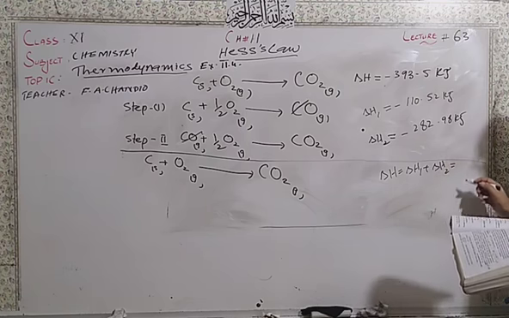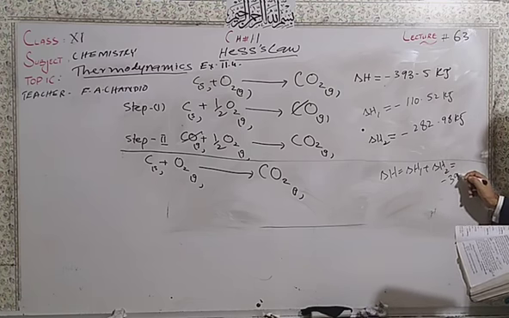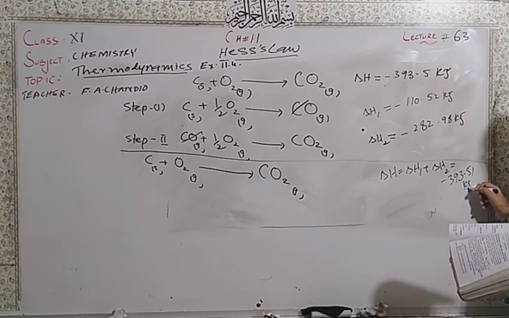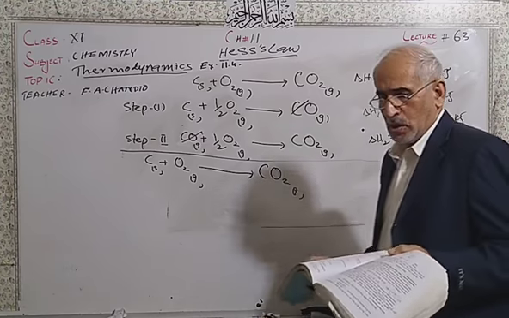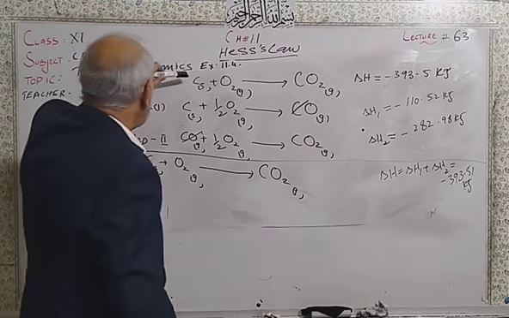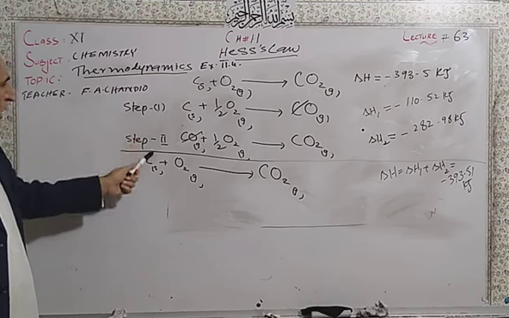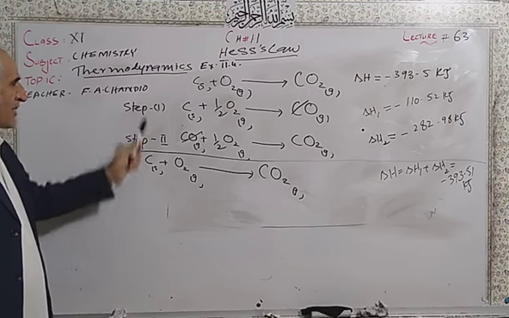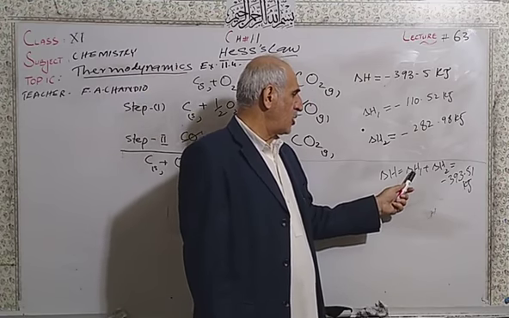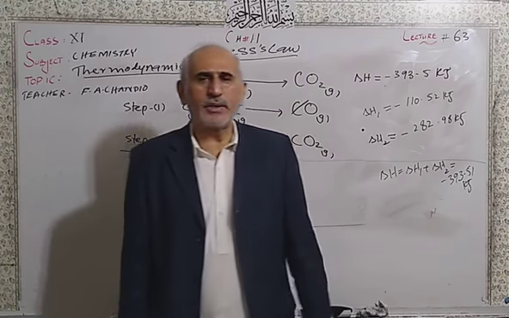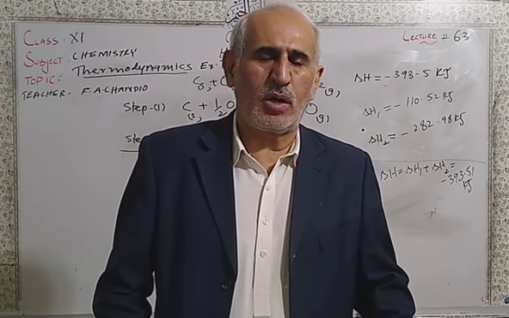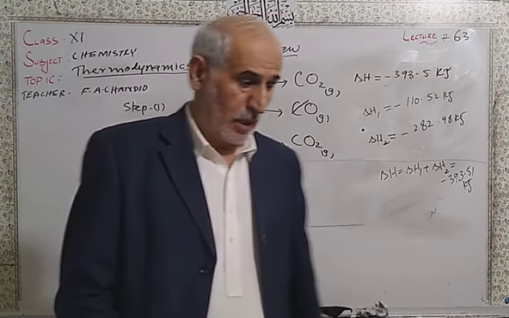When you add both, you will get minus 393.51 kilojoules. Same. If the chemical reaction completes in one step, or it completes in 2 steps, the sum of these steps, delta H, must be equal to delta H1 plus delta H2. This is proved from Hess's law of constant heat summation.